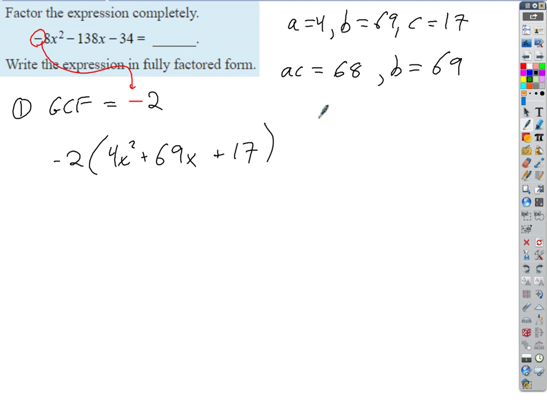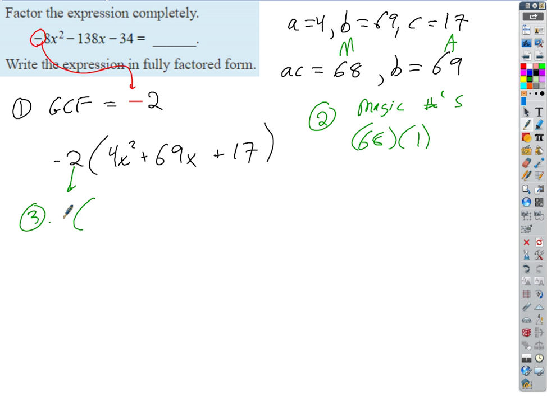Okay, so step 2. Magic numbers, they have to multiply to 68 and add to 69, right? That would be 68 times 1. So if we write our preliminary factors, now we have to keep that negative 2 out front. It's stuck there, right? But our preliminary factors from this part would be x plus 68, x plus 1, right?